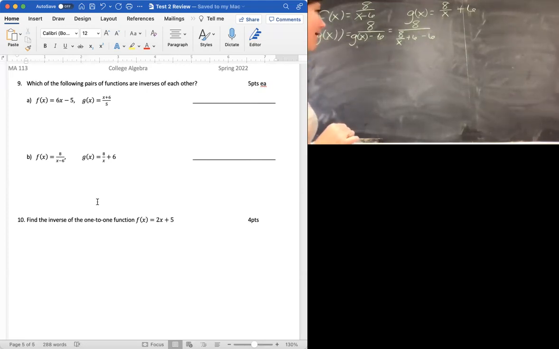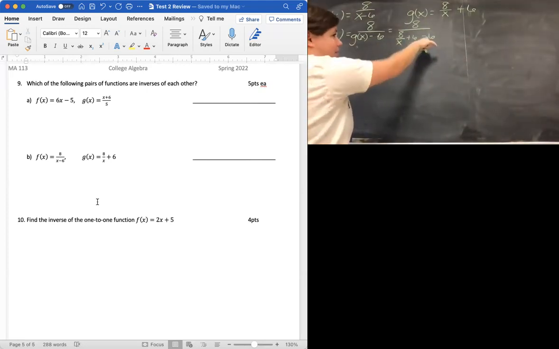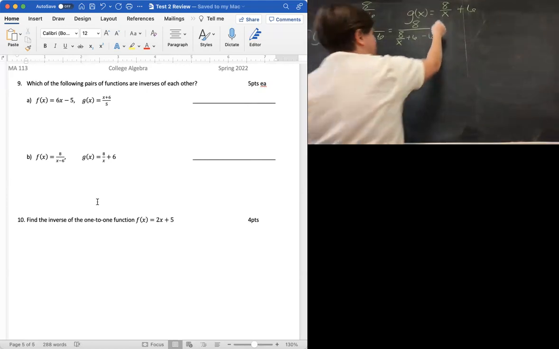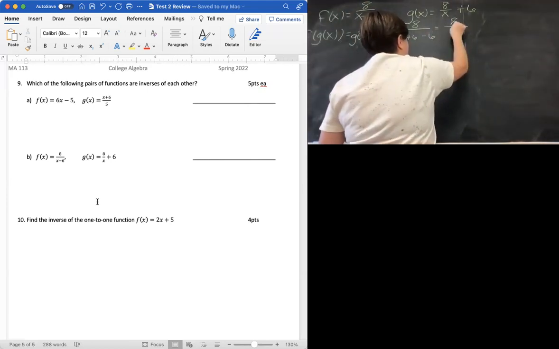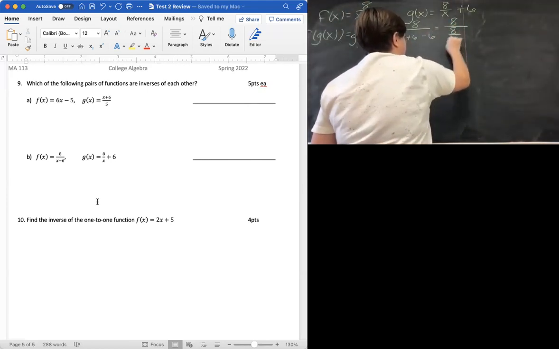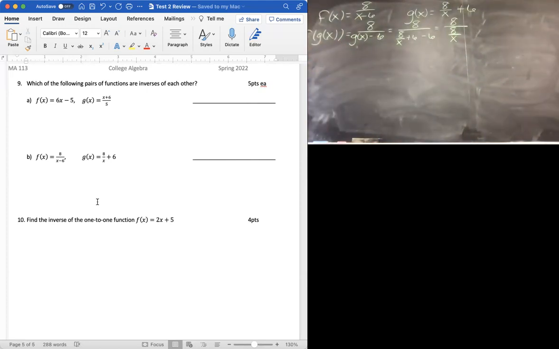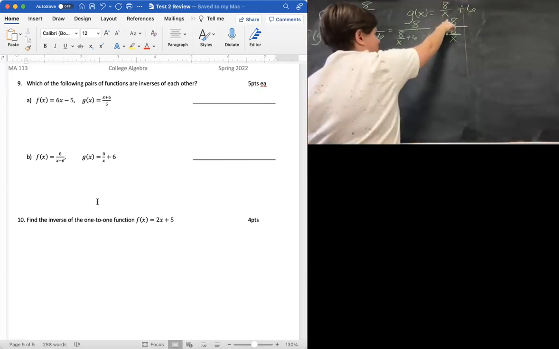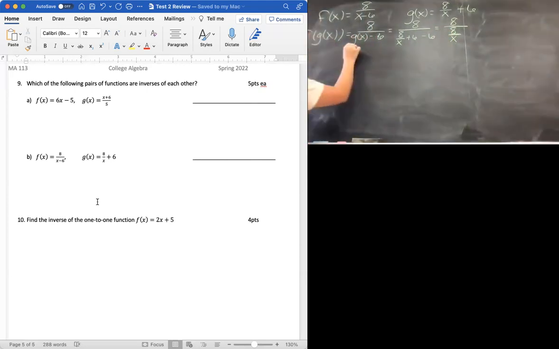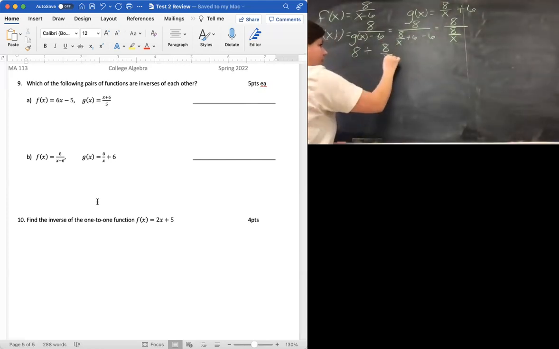It's really not that bad because that plus 6 and minus 6 are going to go away. So that leaves you with 8 over x. And you might be thinking, well, how in the world do I reduce that? Well, think of it this way. What I'm saying is 8 divided by 8 over x.